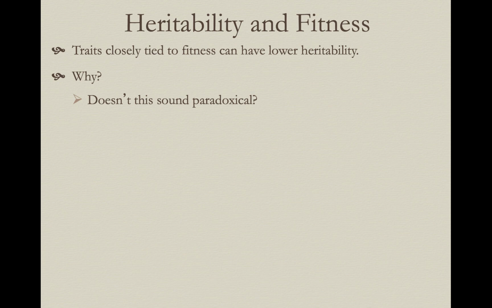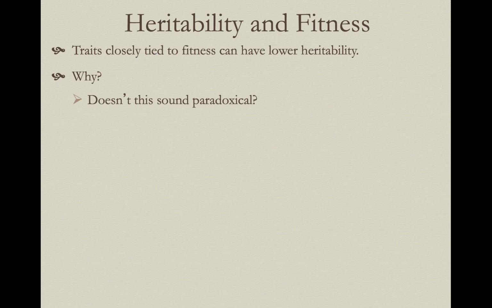So it turns out that traits that are closely tied to fitness, really adaptive traits, sometimes have really low heritability. Doesn't that sound paradoxical? Because I just mentioned that your ability to have high fitness is related to the genetic basis of you being able to produce adaptations. So a trait that's really closely linked to fitness, how can it have low heritability then?